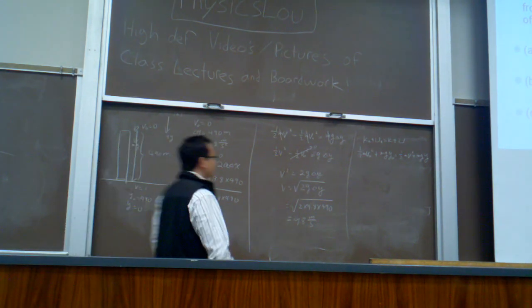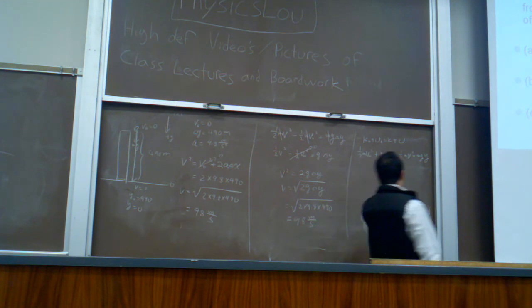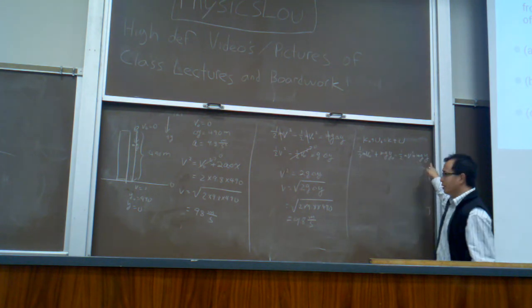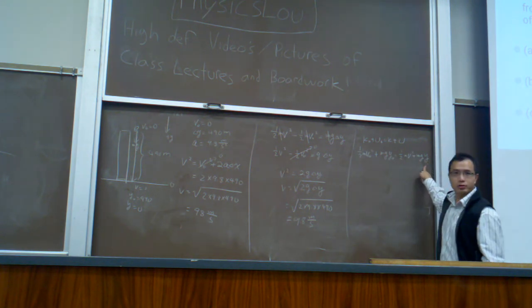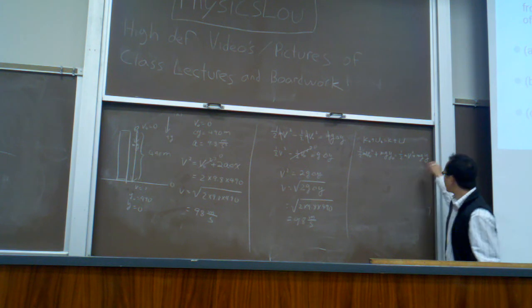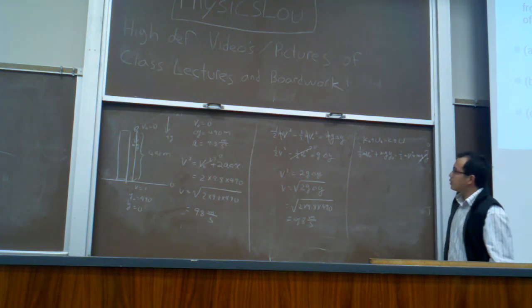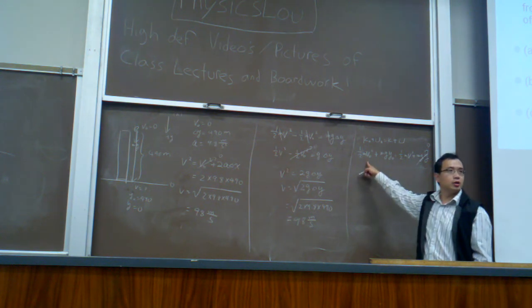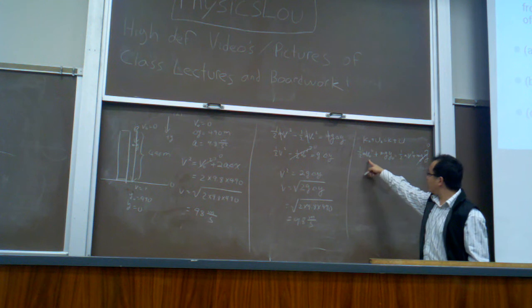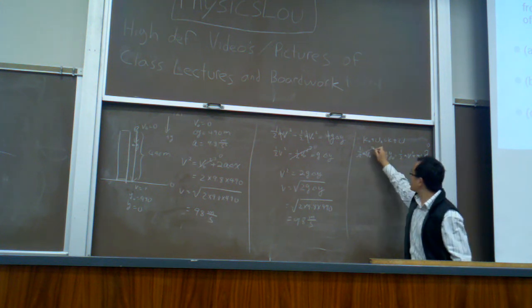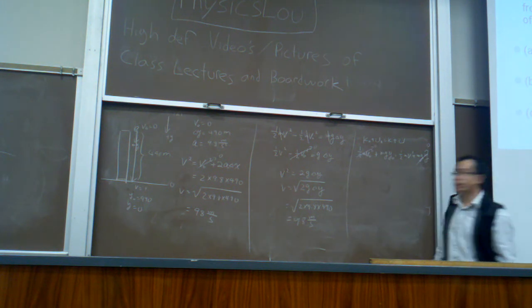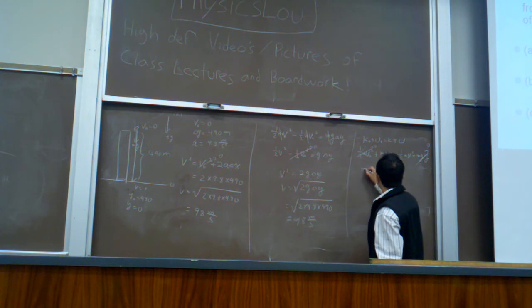Now let's check. We have this equation. If y equals 0, so mgy, this term, will go to 0. And we also know the initial velocity v naught equals 0. So 1/2 mv naught squared, this term goes to 0. Then we get mg y naught equals 1/2 mv squared.